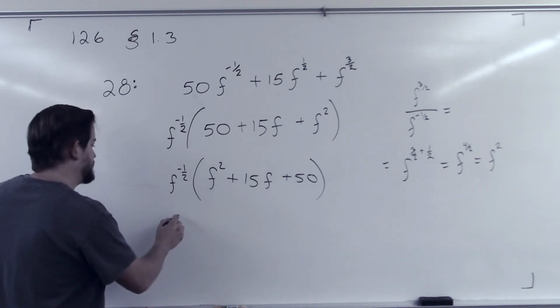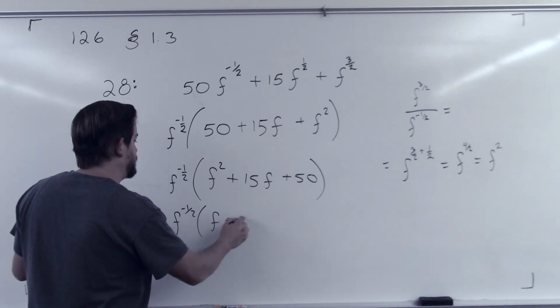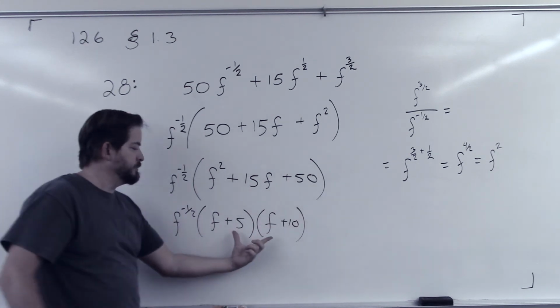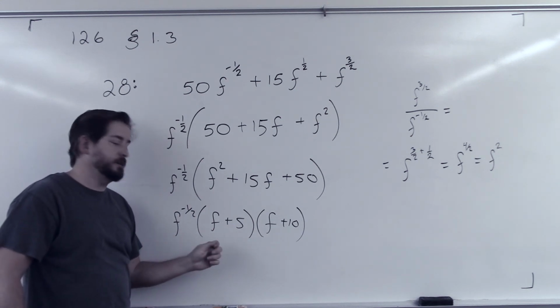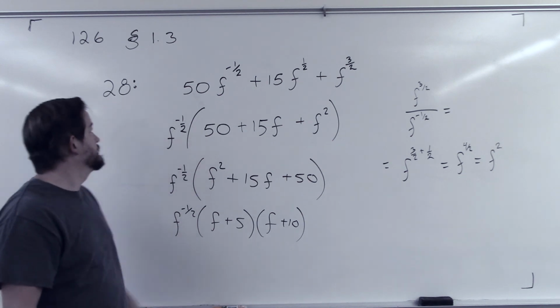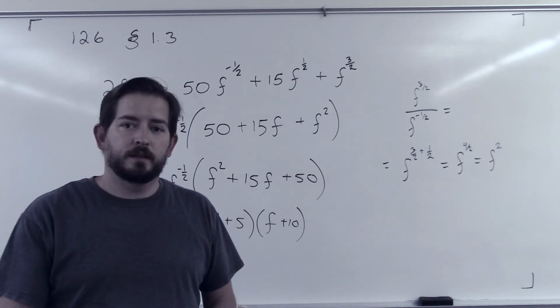That'll do it. And so I have f to the negative 1/2 times f plus 5 times f plus 10. And again, it doesn't matter which order these are in the answer. It might be f plus 10, f plus 5. It doesn't matter. But that is 28. Thank you, and I'll see you next time.